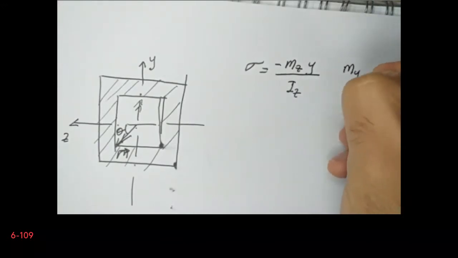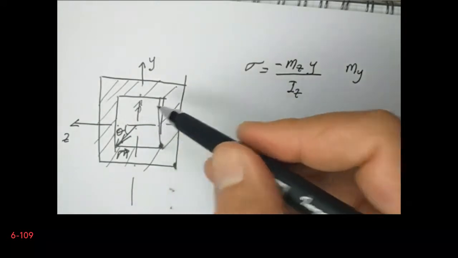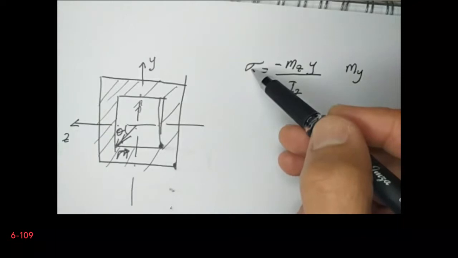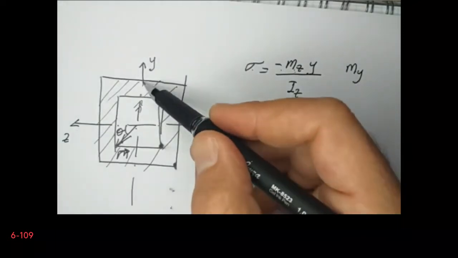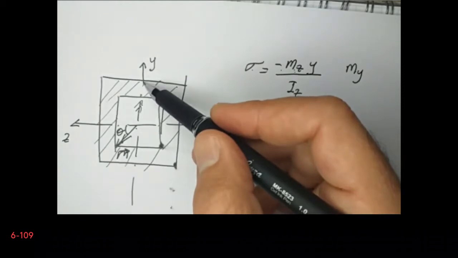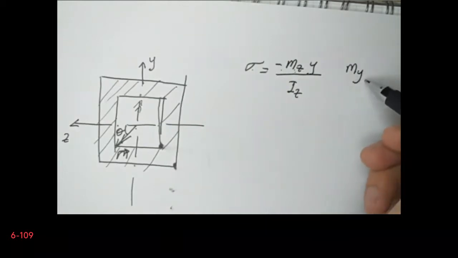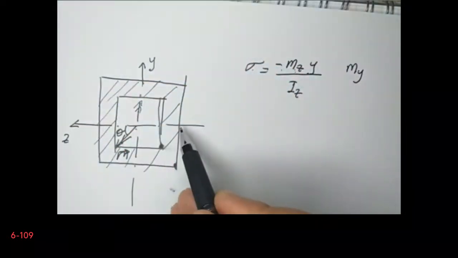Here we see that when y is positive, the stress is negative, even though Mz is positive, and therefore we have a compressive stress, and compressive stress is generally assumed to be negative. Now let's assume that we have a moment My, and according to the right hand rule, we will see that this point, so negative z, will be compressive.